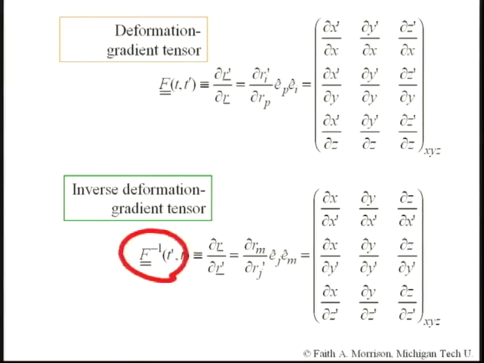F inverse, which we can go back and do the chain rule and figure out that F inverse is equal to dr over dr prime, is equal to this tensor. These are changes that we can calculate for given flows.